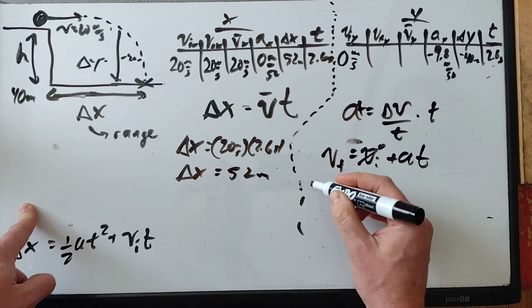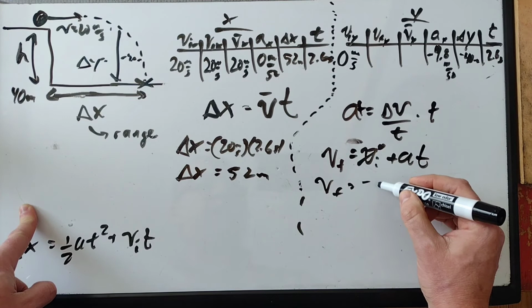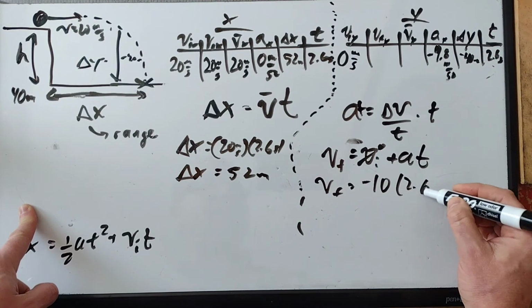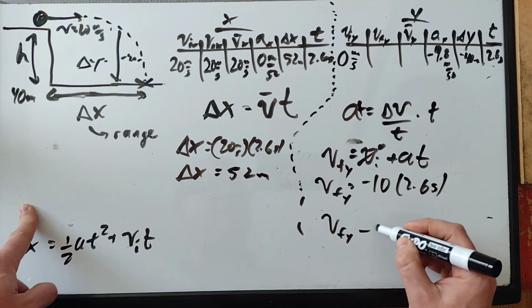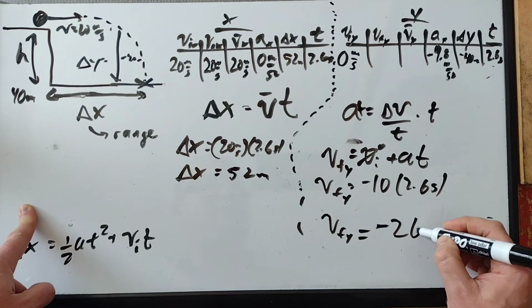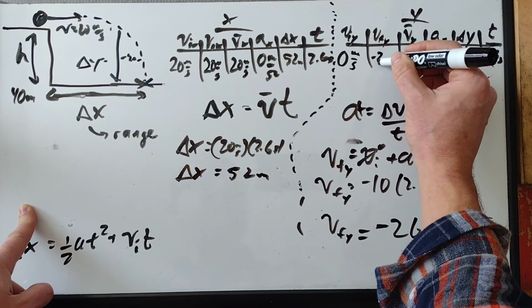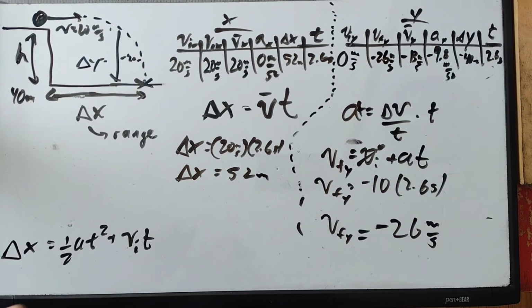This term's just 0. So you get V final equals acceleration times time, or negative 10, I'll put in 10 here, times 2.6 seconds. So V final y is negative 26 meters per second, which would be an average velocity of negative 13 meters per second.